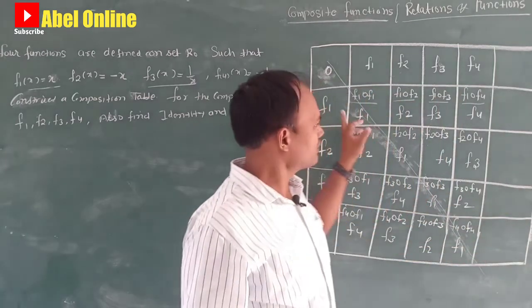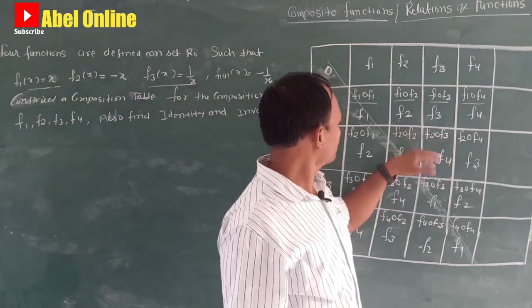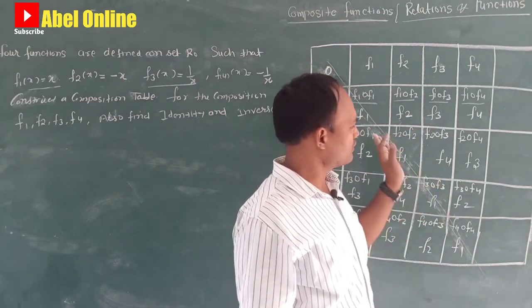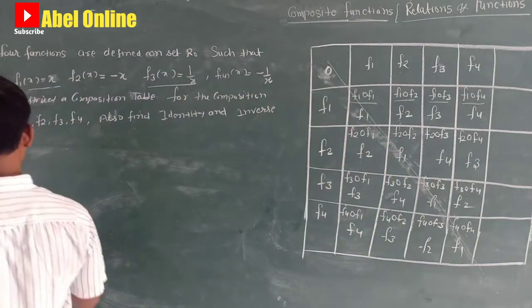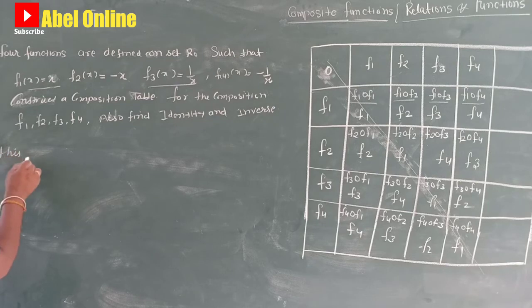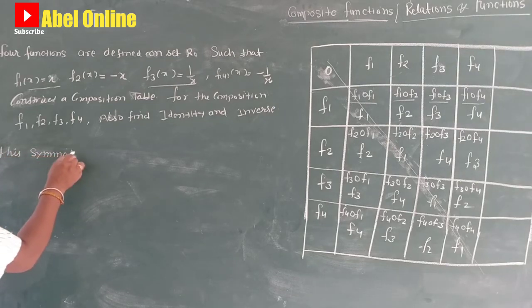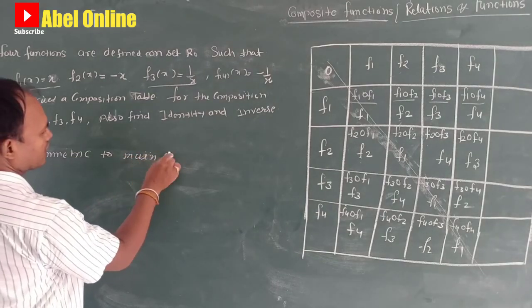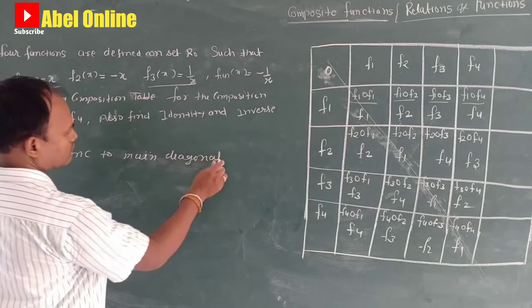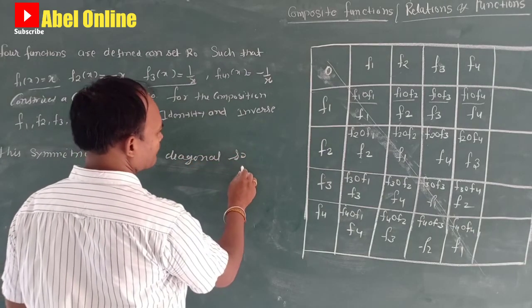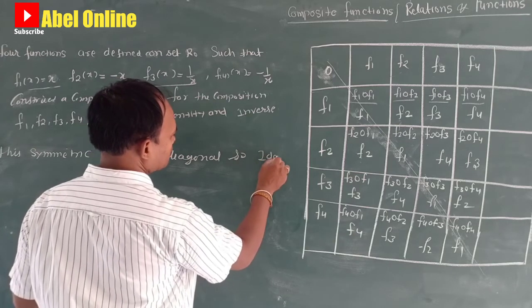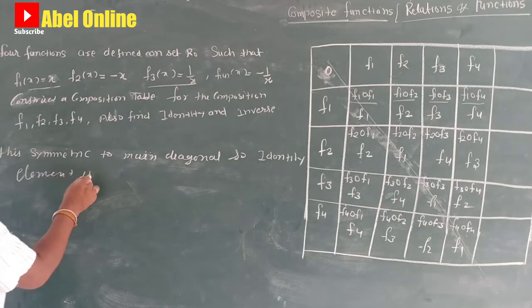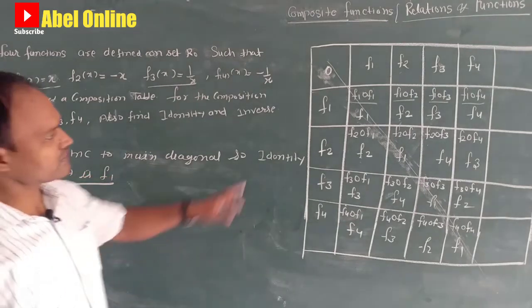So this table is symmetric along the main diagonal, here f2, f2, f3, f3. So the identity element is f1.